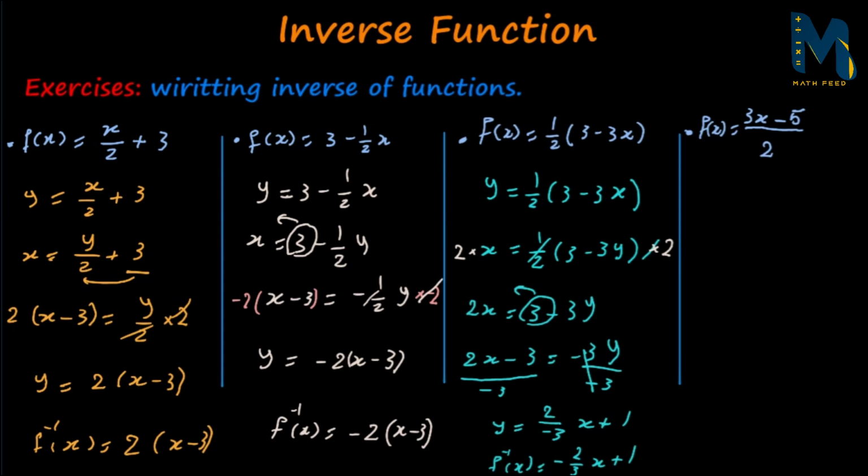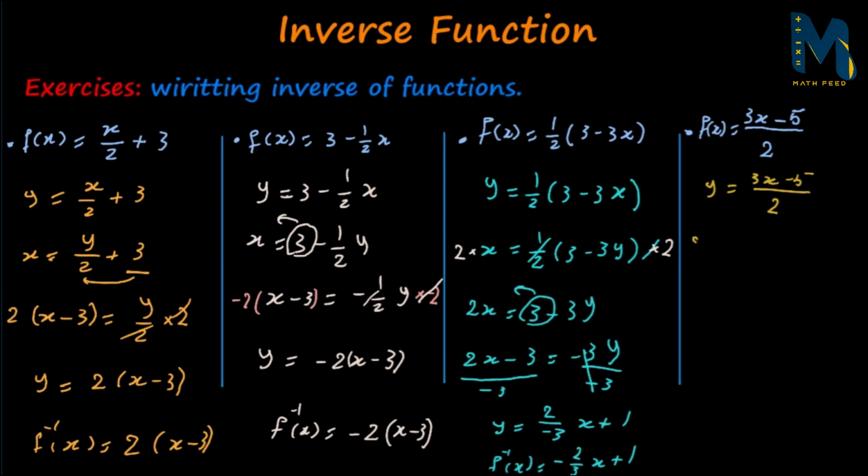Let's move to the next example. We change f(x) to y equals (3x minus 5) over 2. We switch x and y, and then multiply by 2.